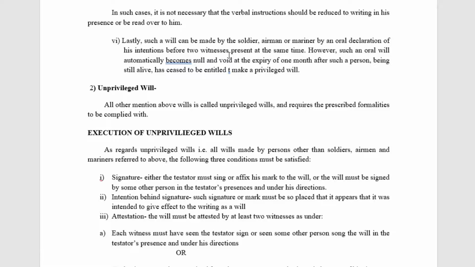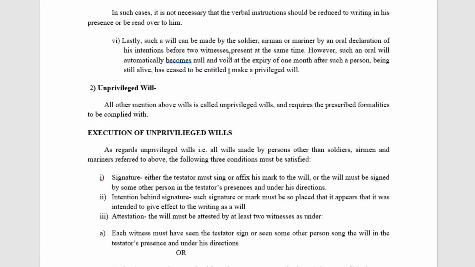That means he is in existence. He has not succumbed to death. So he can make the unprivileged will on par with the other persons. So this is the aspect we have to see with regard to the privileged will.